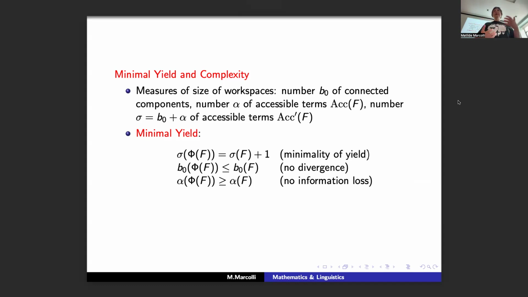With the other forms it's a bit more complicated, but you can again try to identify some reasonable constraints. This is what is called minimal yield, which is based on two different constraints balanced together in the minimal possible form. One is that you want the number of connected components to not increase.